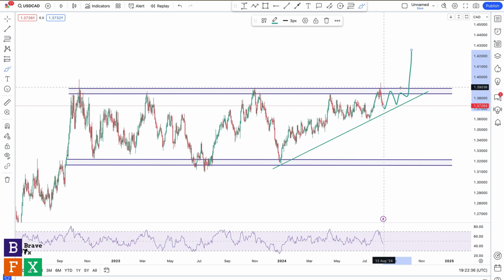So if this happens with a sustainable bullish candle breaking out from this area of resistance, then I'm going to go long. Just something to pay attention to for those trading USD-CAD, just in case you are looking forward to going short right now. So take a look at this on the daily time frame, analyze the chart, apply good risk management, and let me know in our Discord community what you decide to do with this chart, because definitely I won't be trading this.